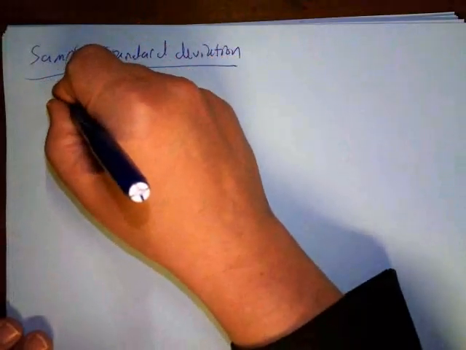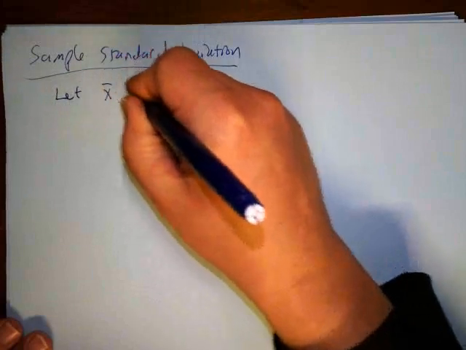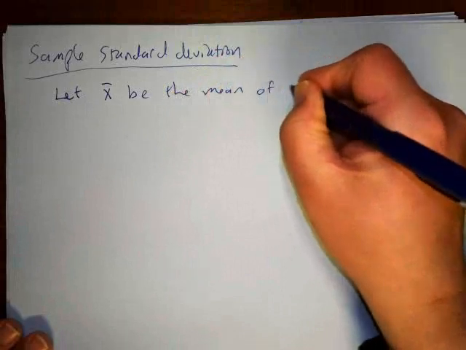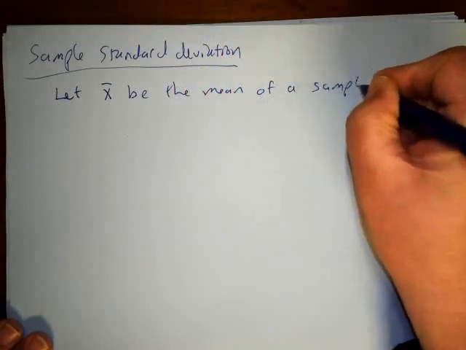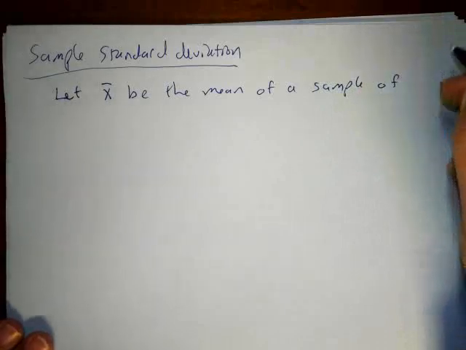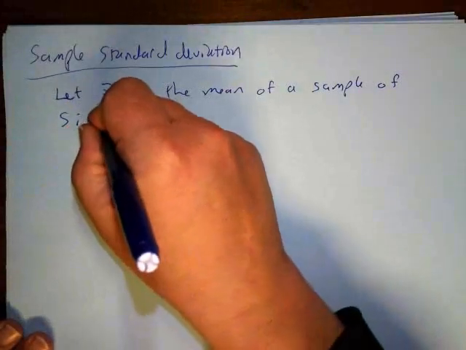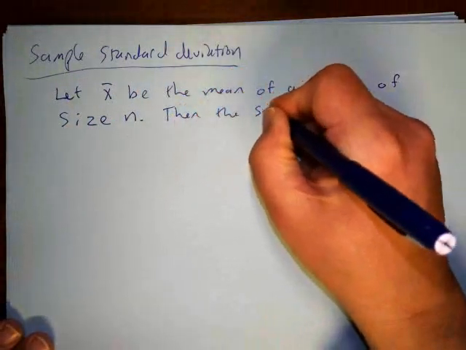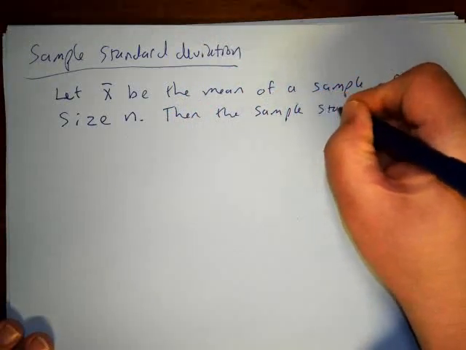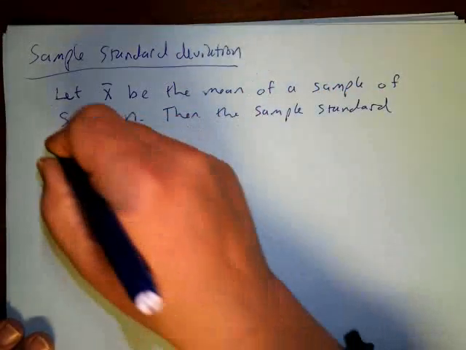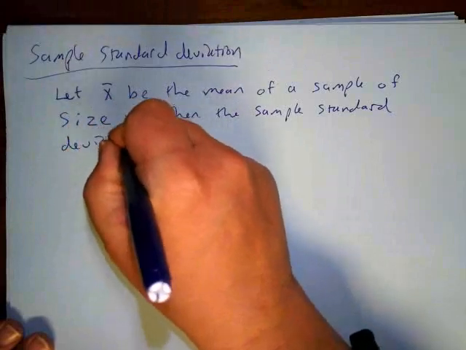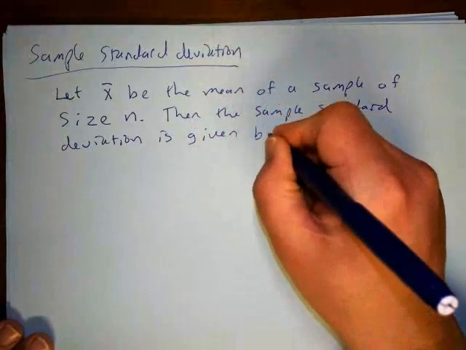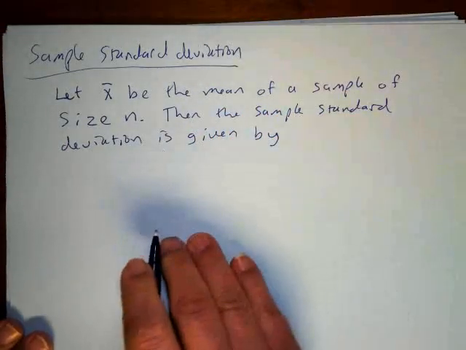So let x bar be the mean of a sample of size n. Then the sample standard deviation is given by the following formula.